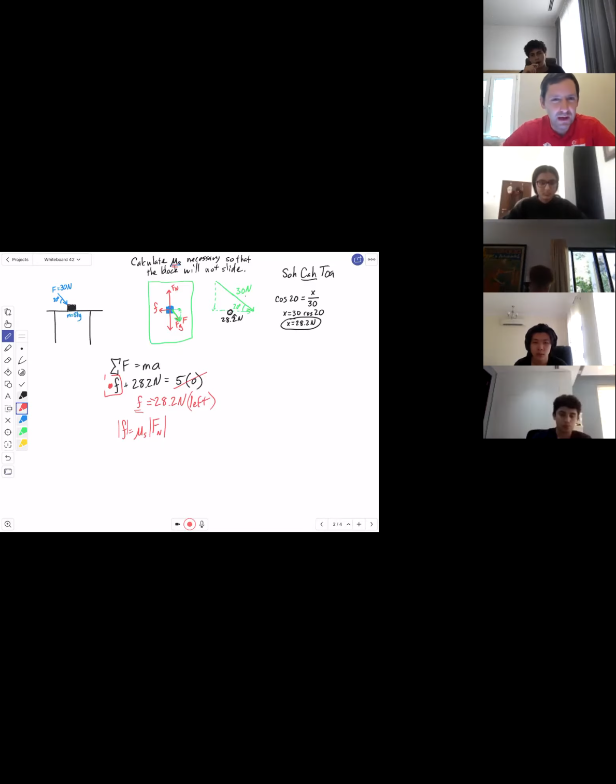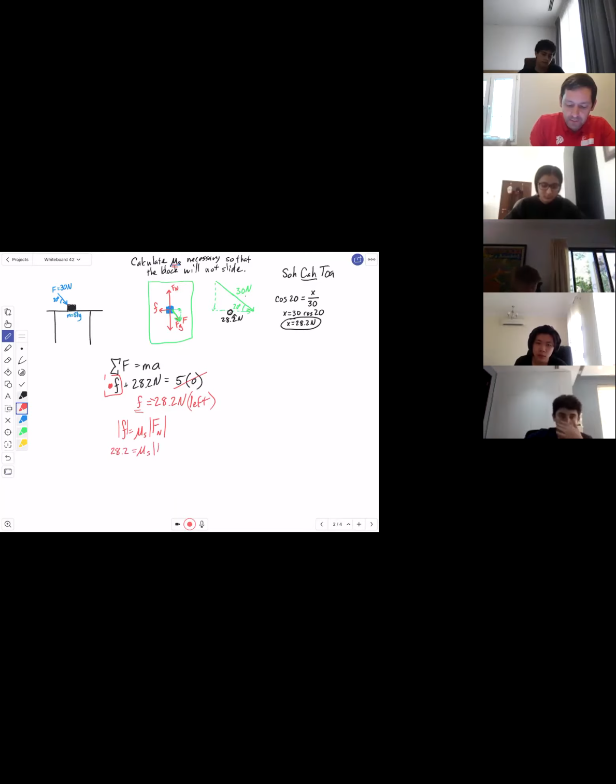That may simplify things a little bit. The reason is that the directions are perpendicular to each other. Friction is always parallel to the surface, and the normal force is always perpendicular. Then the pluses and minuses really don't mean anything anymore. So we'll go ahead and put in the 28.2.